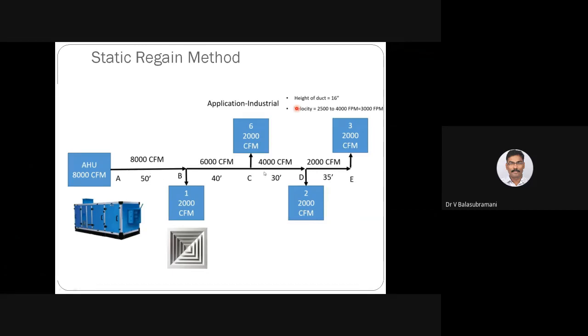So here you can see the air quantity between A and B is 8000, B and C is 6000, and then 4000, 4000. Here the length is very important, only then can we calculate the static pressure. For the previous problem, we were not worrying about length. Here the length of the duct is very, very essential.